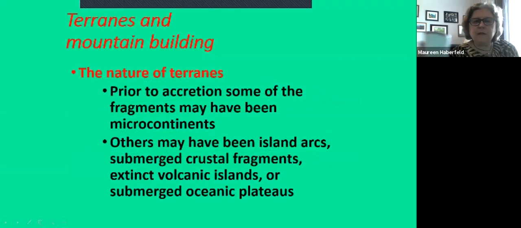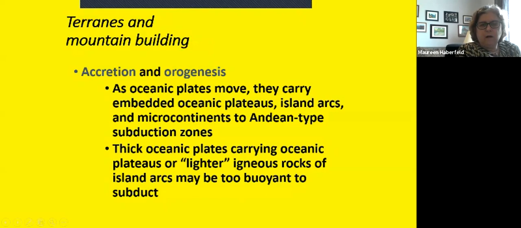So again, terranes and mountain building. Prior to terranes being accreted onto the continent, some of them may have been mini little microcontinents, island arcs, submerged fragments of crust that were pushed up, extinct volcanic islands or plateaus under the ocean. So all these things make up our west coast and make it hard to figure out.